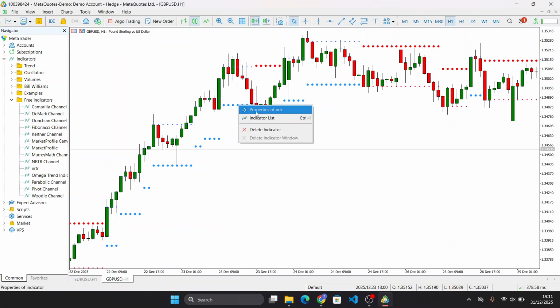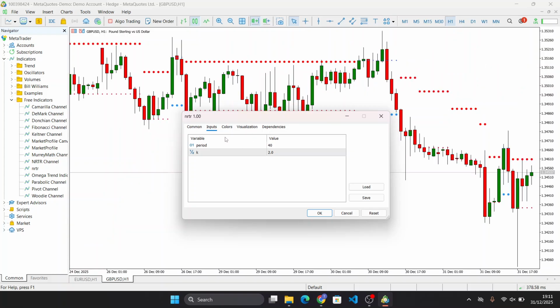The main parameter is the step size or multiplier, which determines how closely the NRTR line trails behind price. Smaller step values keep the line nearer to price and make it more sensitive to changes, whereas larger values place it farther away and reduce frequent flips.